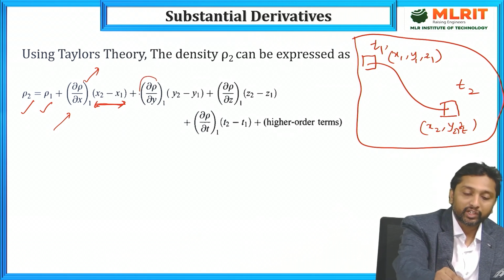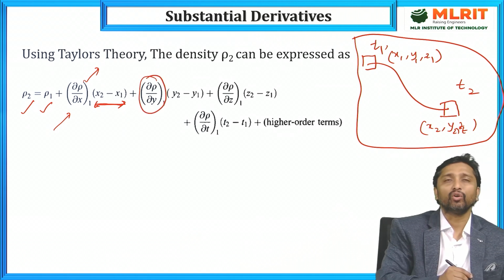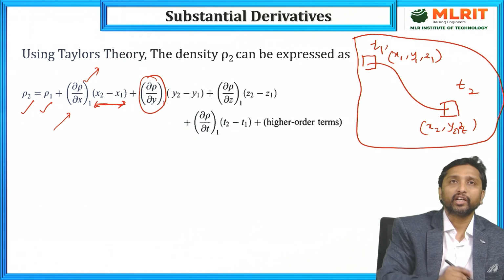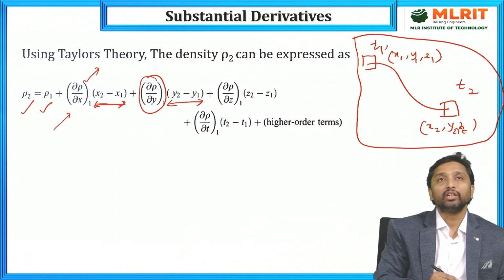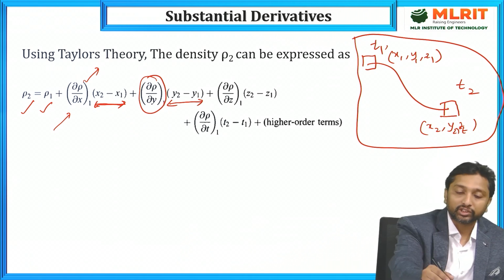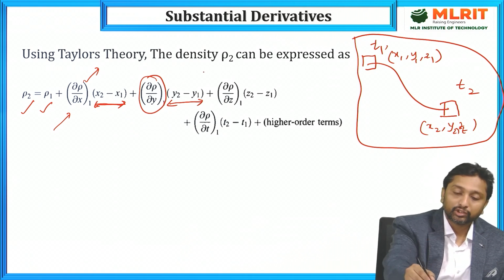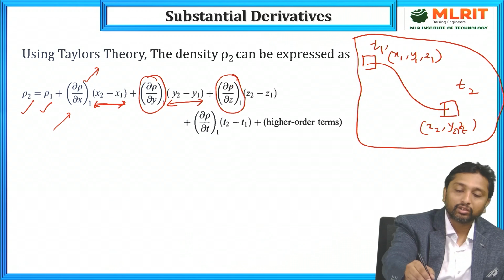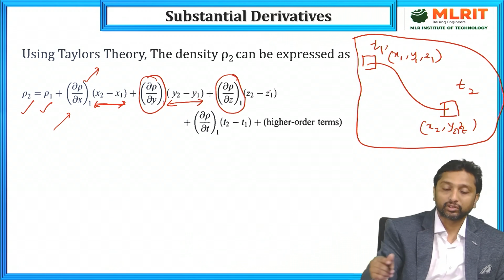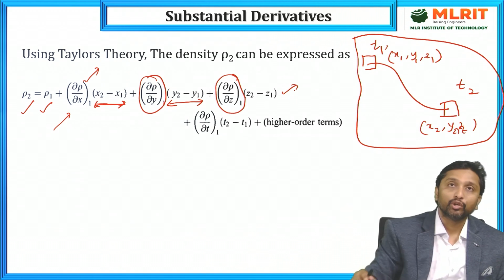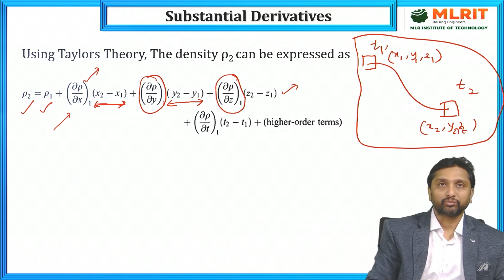Similarly, the variation of density along the y direction is given by the gradient dou rho by dou y, and the gradient times the distance travelled is the total change in density in the y direction. Similarly, the density gradient dou rho by dou z into z2 minus z1 gives the change in density in the z direction.